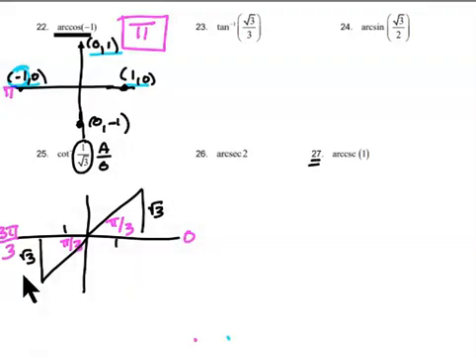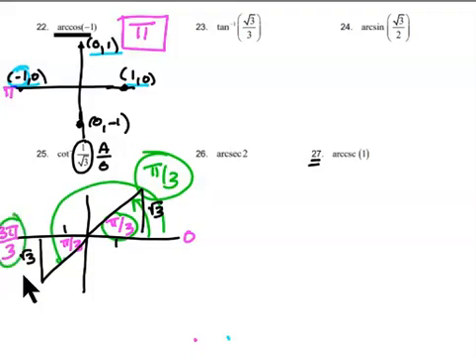If I start at 0, how do I end up here? I go 0 plus pi over 3. So that angle is pi over 3. How do I get all the way around here? Well, 3 over 3 pi plus 1 over 3 pi is 4 over 3 pi.